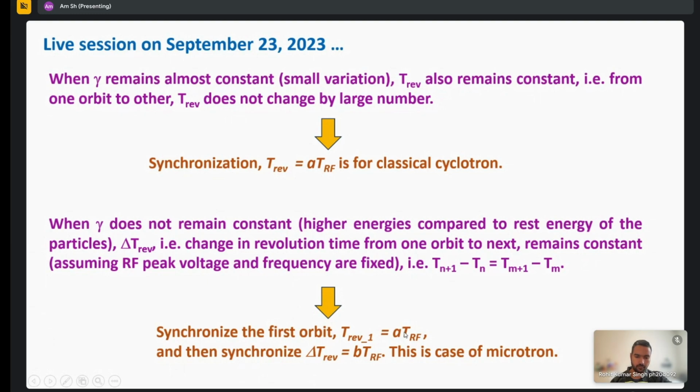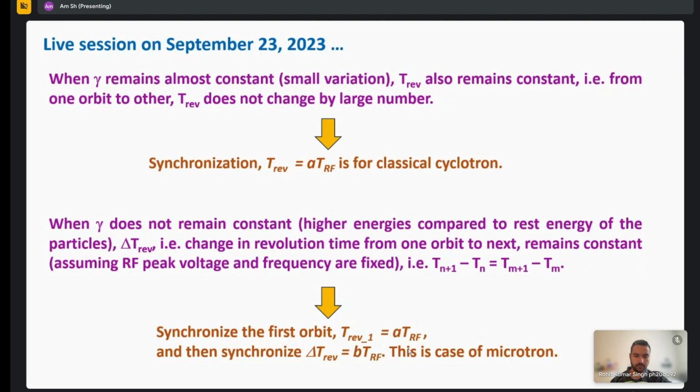So this was asked in one of the questions, and there were some doubts about why A cannot be 1. This is precisely the reason: if A is 1 and B is also 1, we get 0 in the denominator and there will be no practical gain in the energy, means microtron will not run.